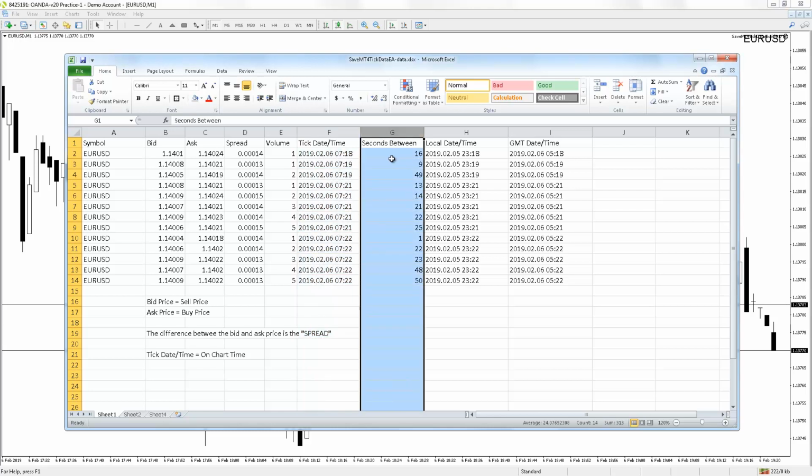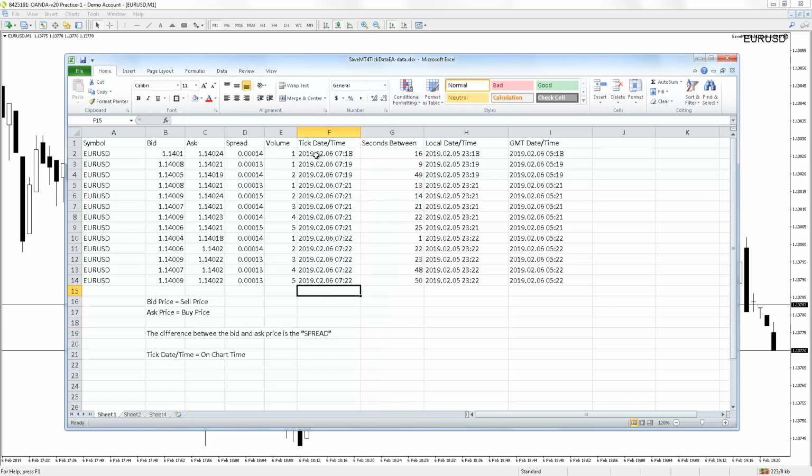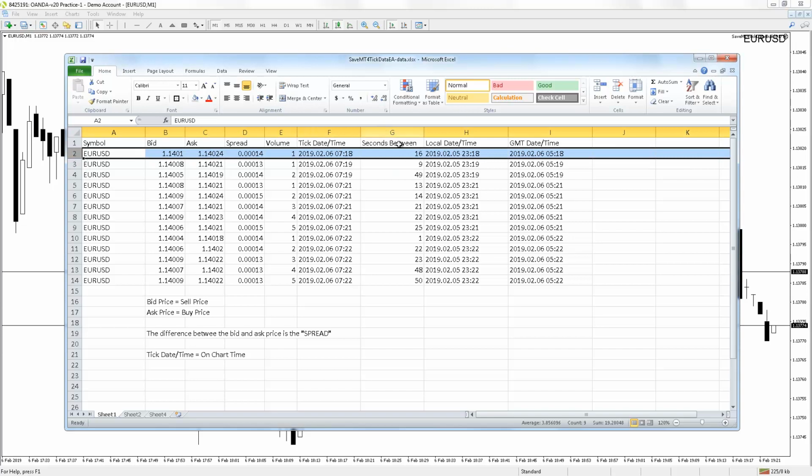Then next is the seconds between each tick. So to go from the first tick to the second tick, this is the first tick. We're at 16. So let's look at that real quick.